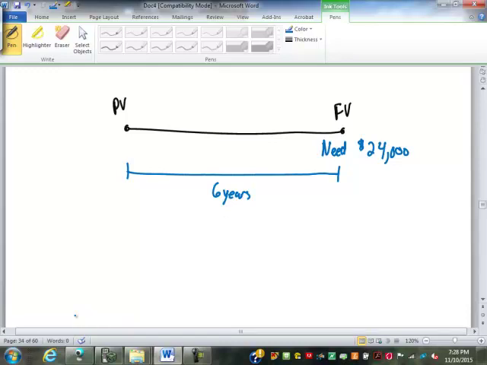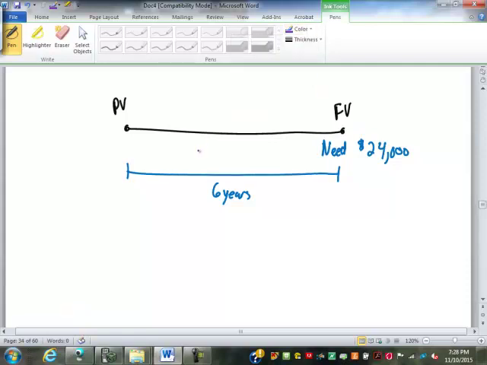Now, this only applies if we have a sum of money available to us right now. So let's say that we have an inheritance or something like that, or a large gift, and we have a large amount of money available to us, and we want to know how much to put away.